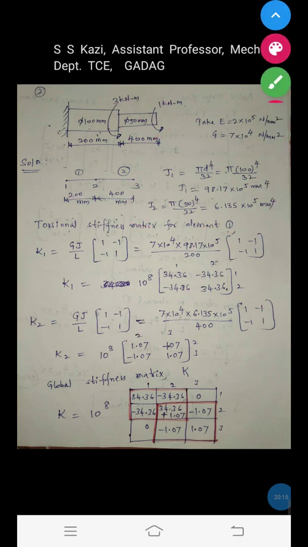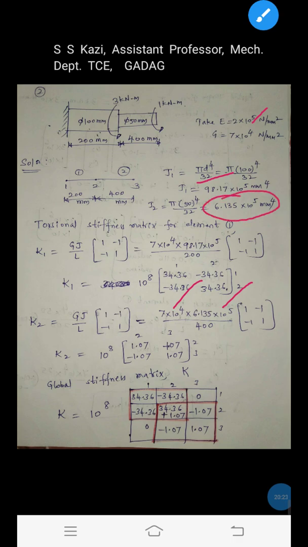Now I will substitute the G value 7 into 10 raised to 4, and the second element J value, 6.135 into 10 raised to 5, divided by the length of the second element, that is 400.